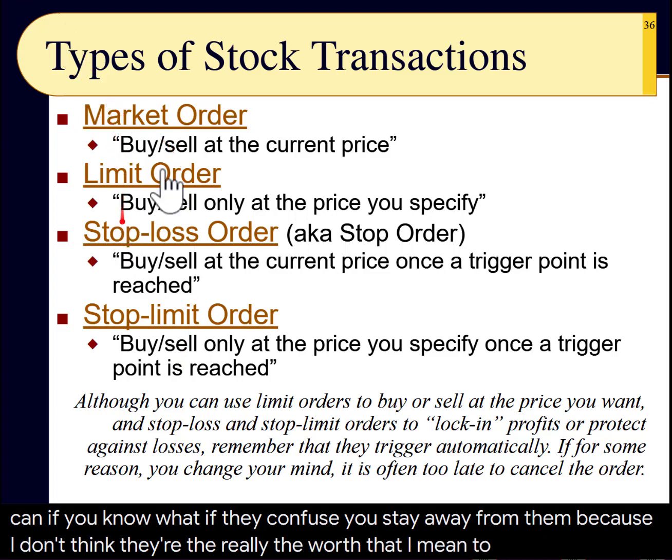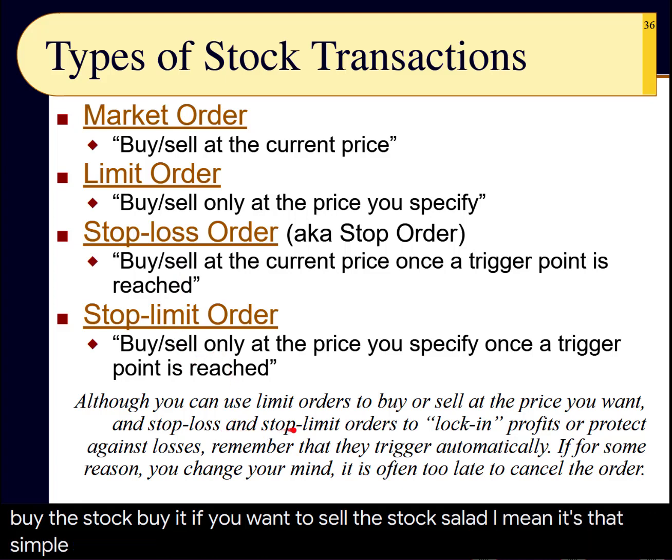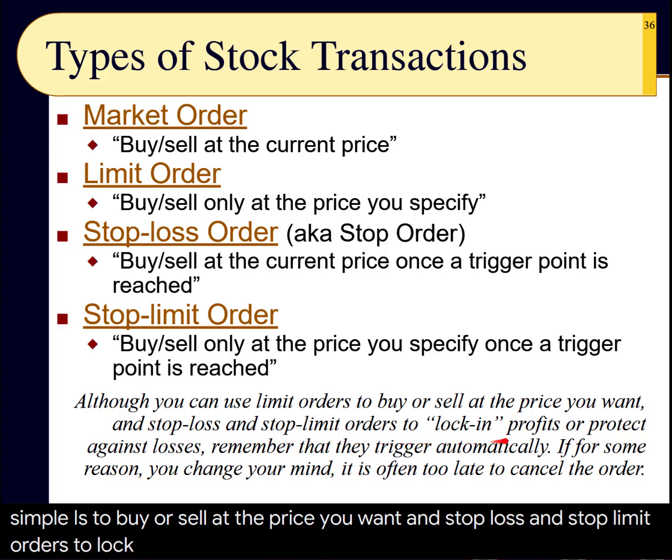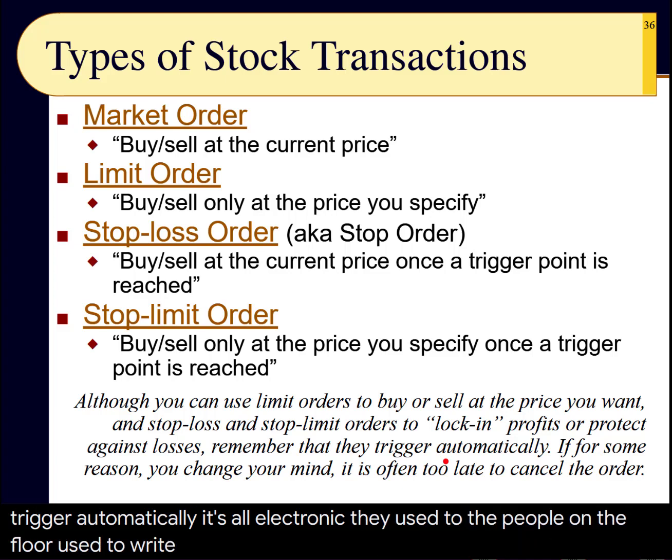I mean, to me, if you want to buy the stock, buy it. If you want to sell the stock, sell it. I mean, it's that simple. But although you can use limit orders to buy or sell at the price you want, and stop loss and stop limit orders to lock in profits or protect against losses, remember that they trigger automatically. It's all electronic. The people on the floor used to write it down in a book.